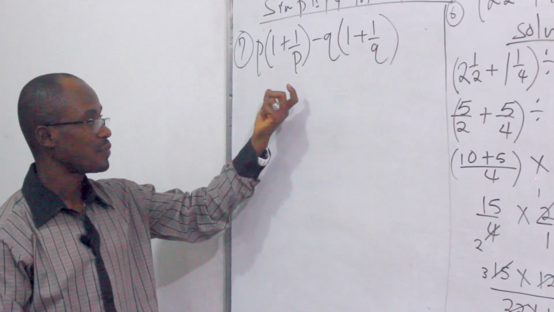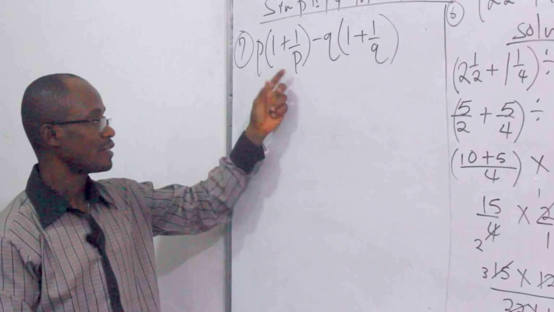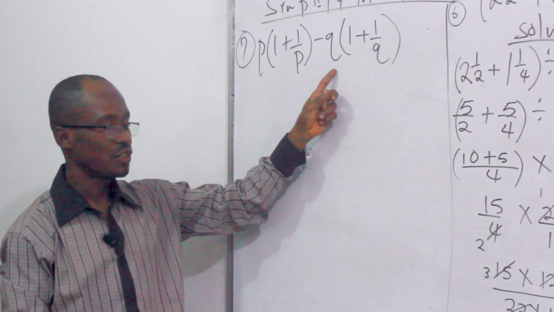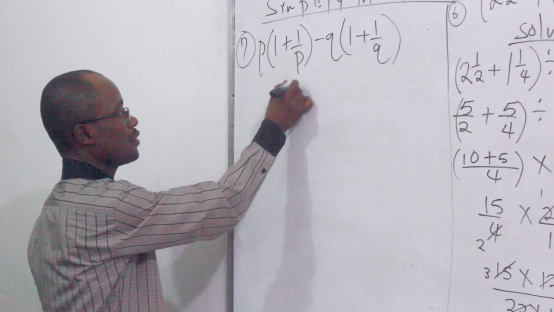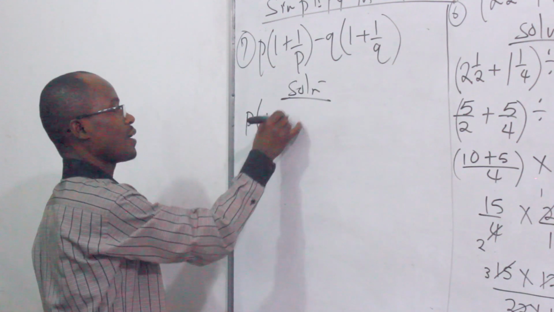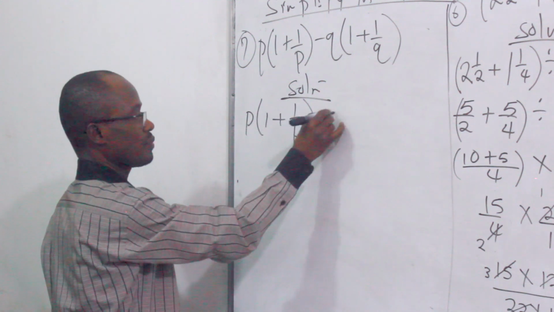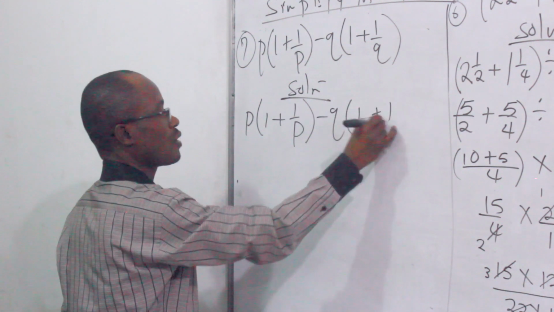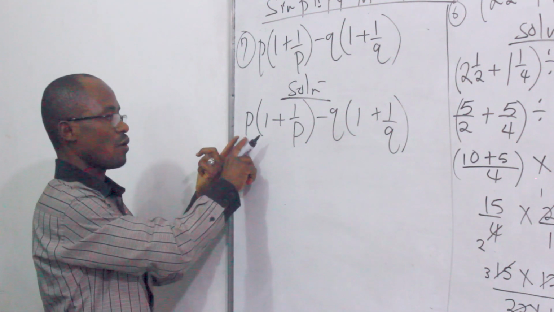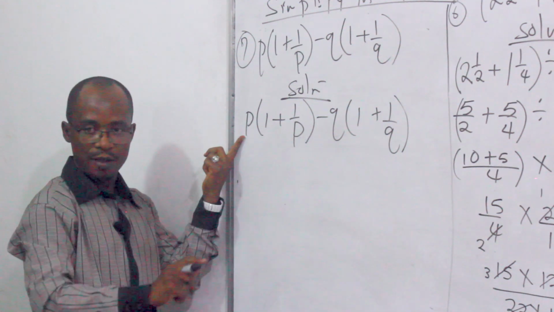And at the same time, while respecting both, here we have a bracket. P is said to be the coefficient of this bracket. Q is said to be the coefficient of the second bracket. So to handle this with ease, the solution comes here. P into 1 plus 1 over p, close the bracket, minus q into 1 plus 1 over q. We use the coefficient to multiply all the terms within the bracket.